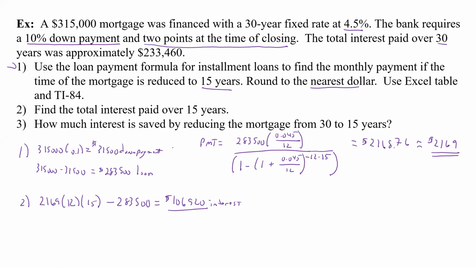Now it says how much interest was saved by reducing the mortgage from 30 years to 15 years. Well, they said in 30 years, we're going to pay 233,460. So that means if we take 233,460 minus 106,920, that's how much we're going to save. And so I'm going to cheat.